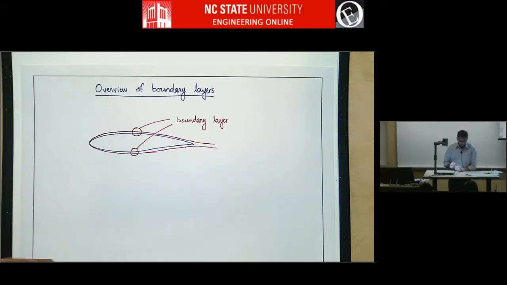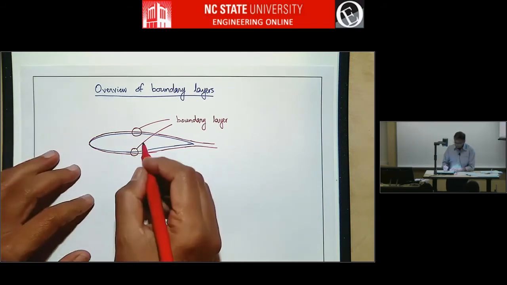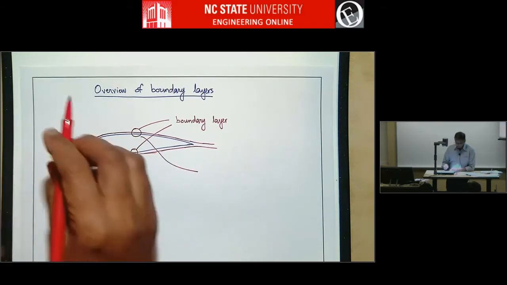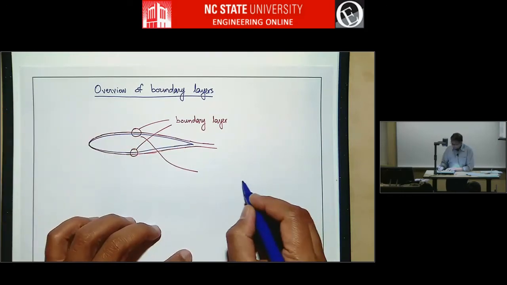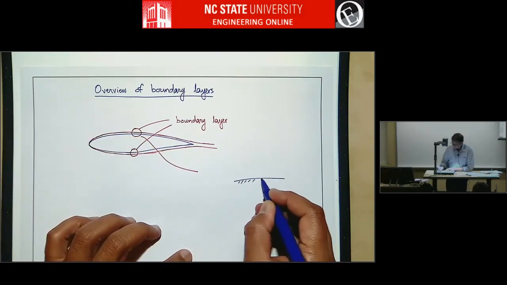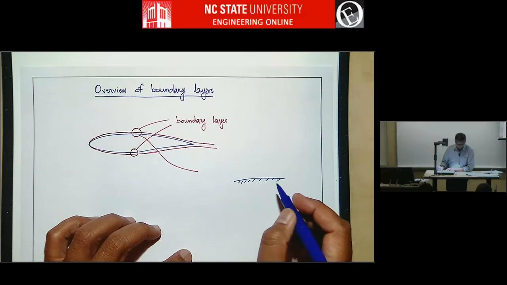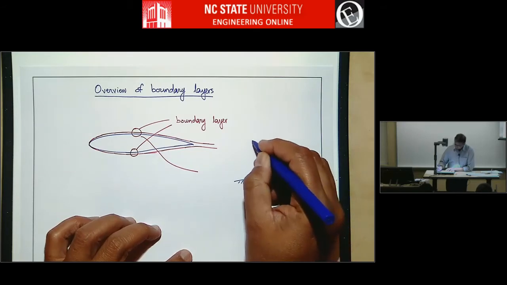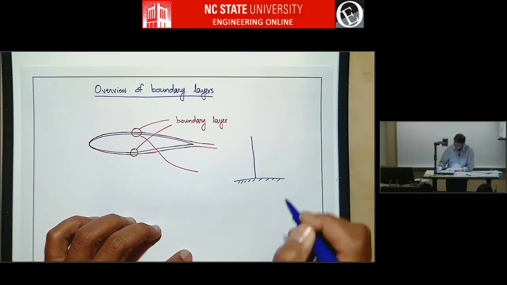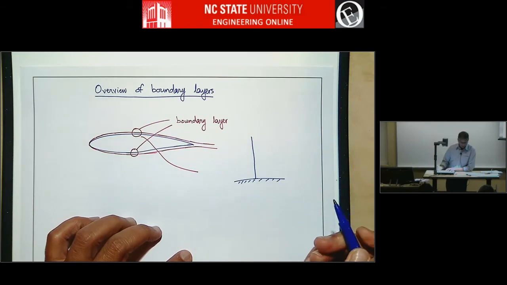So what is happening in this thin layer? Let's zoom into this and take a look. So if this is the surface, and I draw a line normal to the surface at this point.